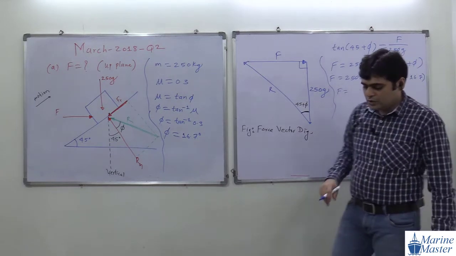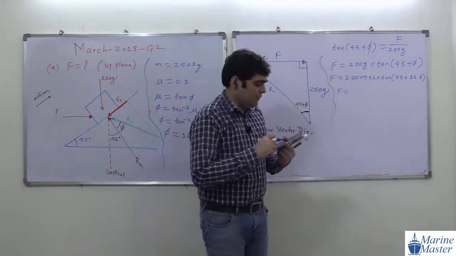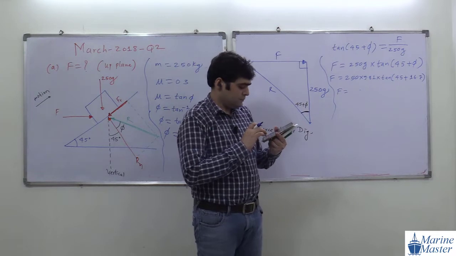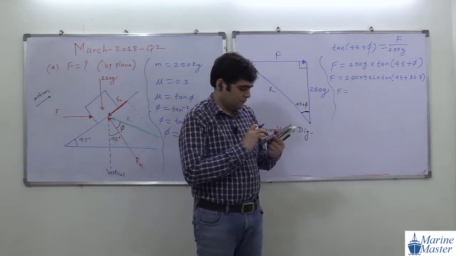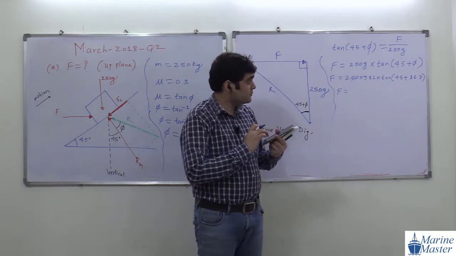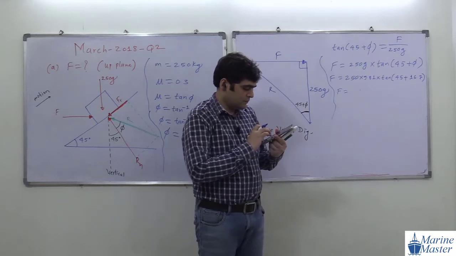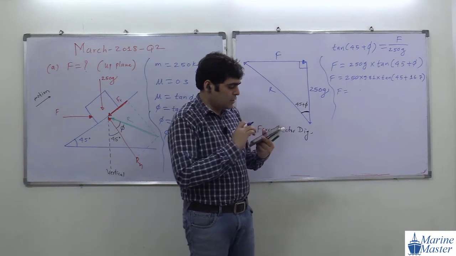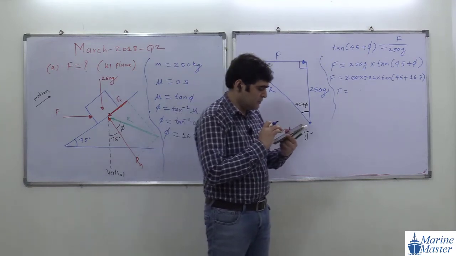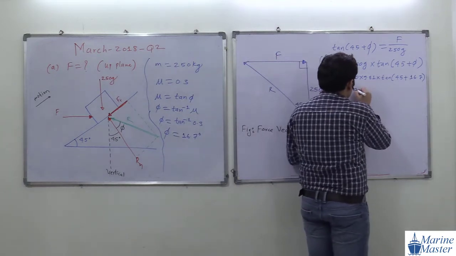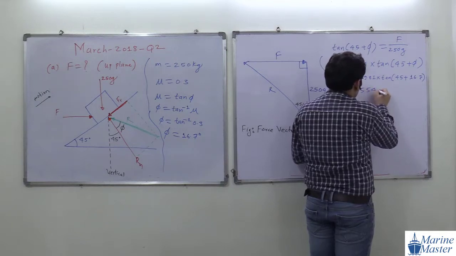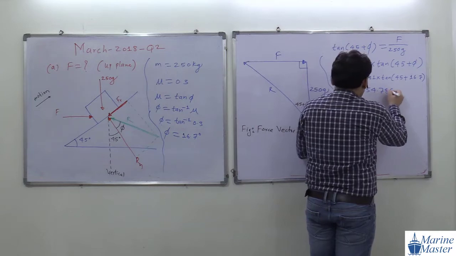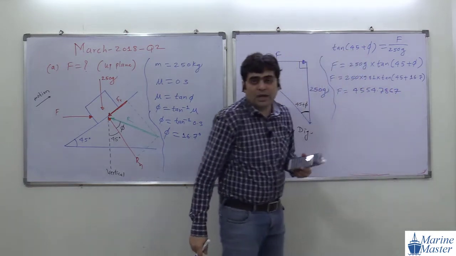Please everyone do the calculation and tell me the value of F. Okay, what is the value of F we are getting? 4554.7867. What will be the unit of F, guys?